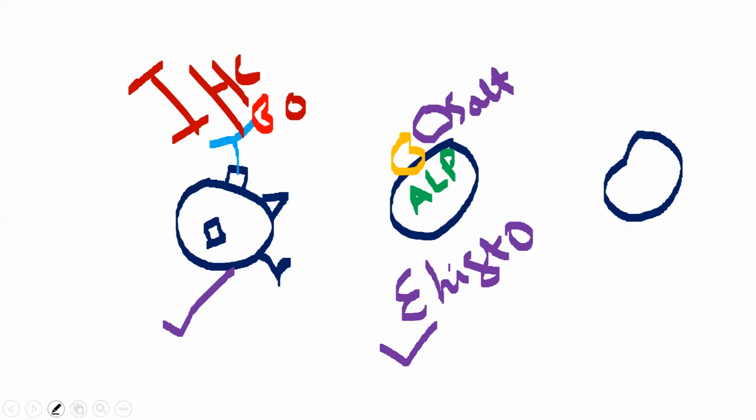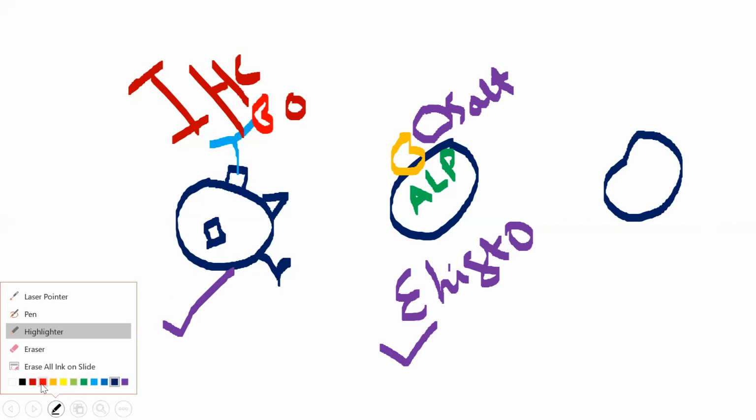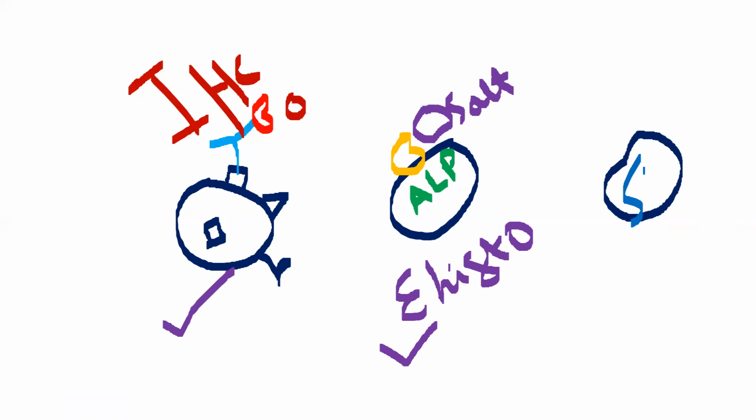With it we are able to detect DNA and RNA, the cellular genome. This is the DNA. Now this DNA can be detected in FISH. FISH stands for fluorescent in situ hybridization.